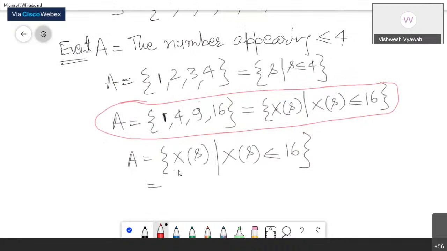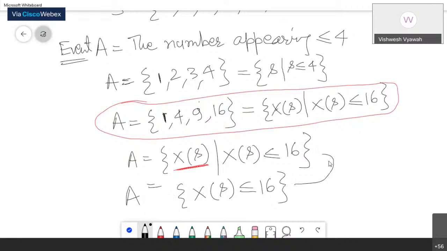I will no longer write this. I will write it as X of s less than or equal to 16. So this means this. Means this. Are you with me?